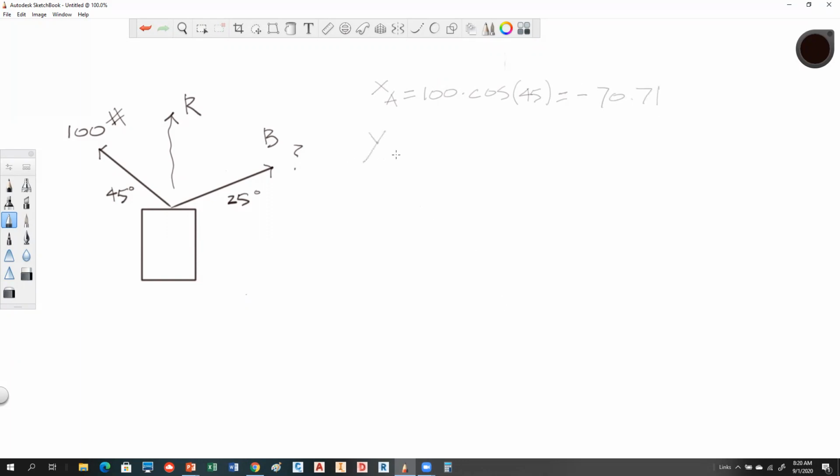The y component is going to be the same, actually, because sine and cosine are the same for 45, except it's going to give us a positive 70.71.